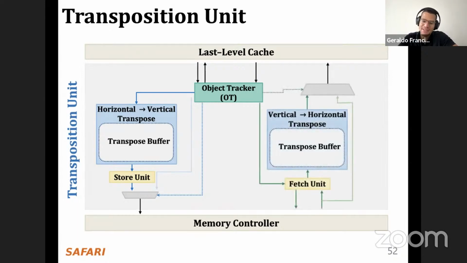And the same thing happens in the other path. So when the CPU reads some data that was computed by SIMDRAM, and the object tracker sees that it is a SIMDRAM object, we are also going to trigger the vertical to horizontal transpose engine, which again is some buffers wired in a particular way, so when you read them in a vertical data layout, you are able to write them in a horizontal data layout.